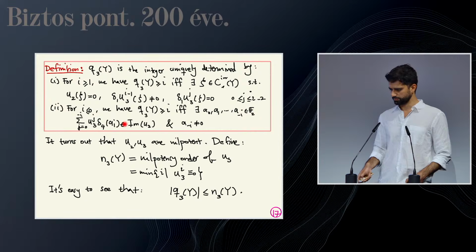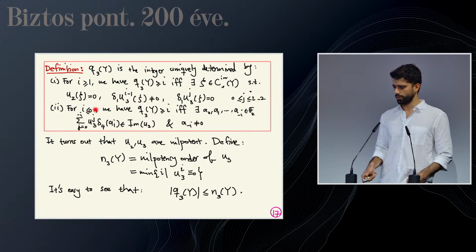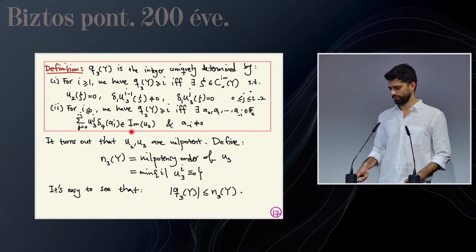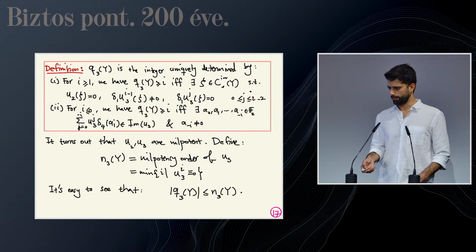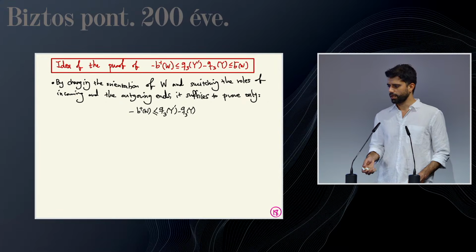For instance, from this property, it's easy to see that it's greater than or equal to the negative nilpotency order. If you raise U3 to a large power, it becomes 0, so composed with delta 4 it would be 0 again, so it would be in the image of the U2 map, because this is just 0. This is something that I'm going to come back to at the end of my talk. But let me move on.